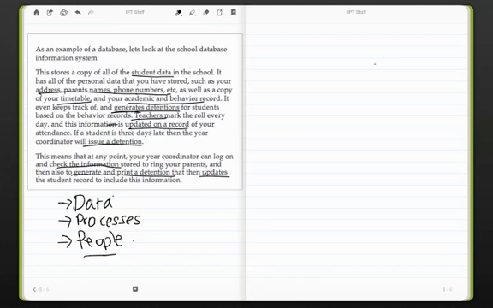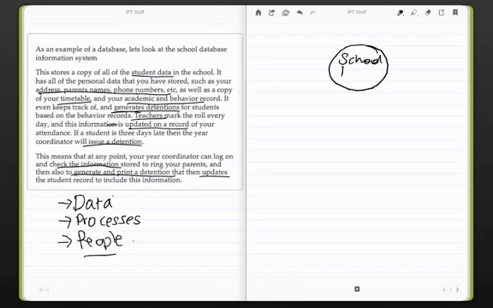Now a context diagram, just to remember, is the system as a circle. So we're going to put in here school database system. And it shows the relationship to the external entities. So we have one external entity here, which is the teacher, because the teacher marks attendance.